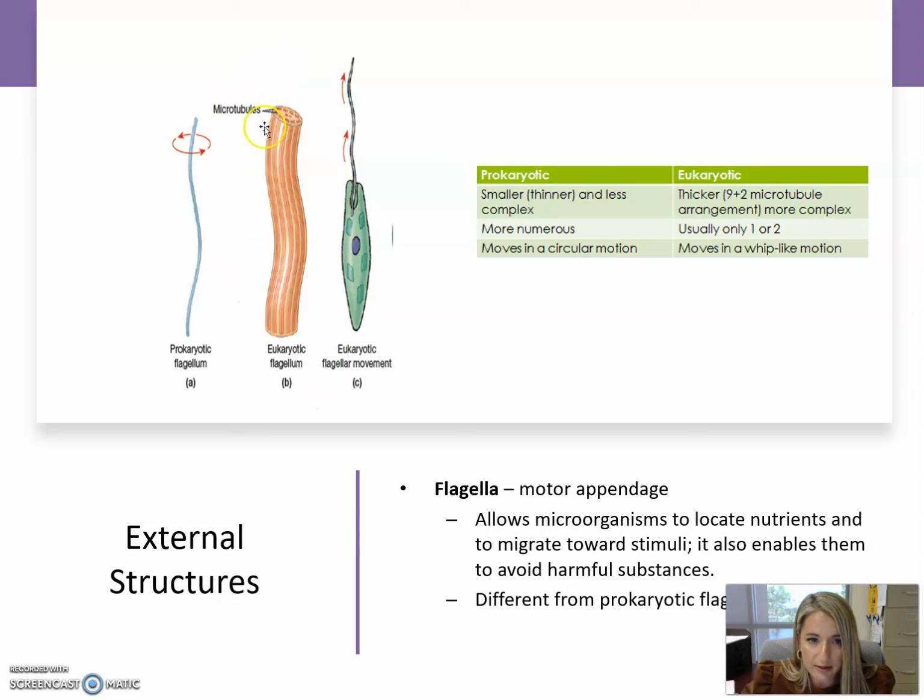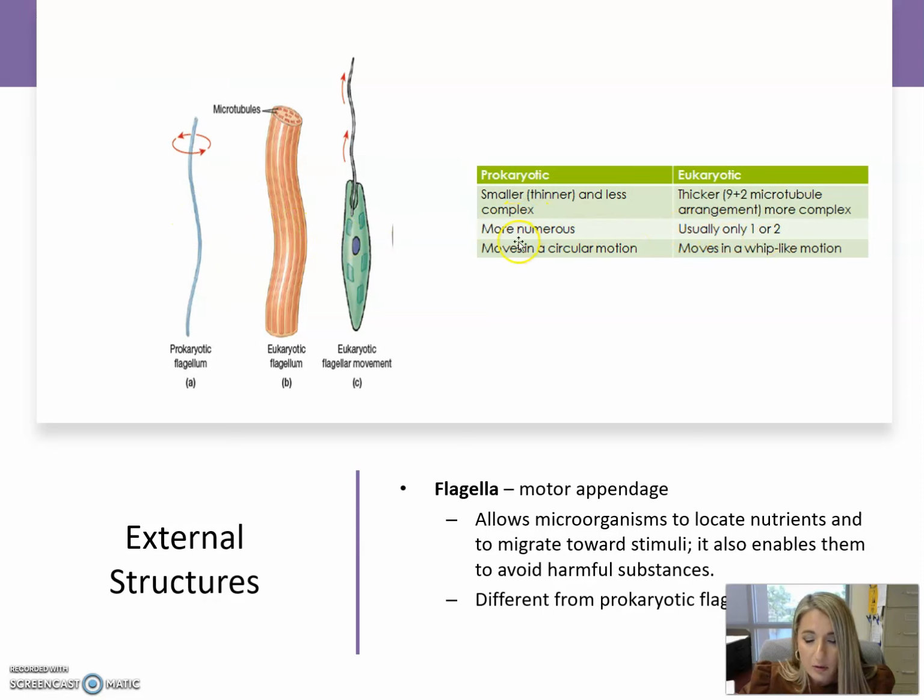Eukaryotic flagella are actually made up of 11 filaments called microtubules. There would be 2 in the center, and then 9 that surround those 2 in the center. That's where we get the 9 plus 2 microtubule arrangement. You can see that it makes for much thicker, much more complex flagella as compared to a prokaryotic flagellum, which is just one single filament.